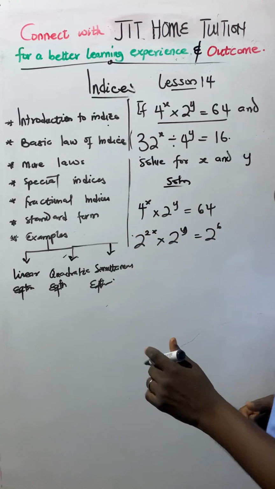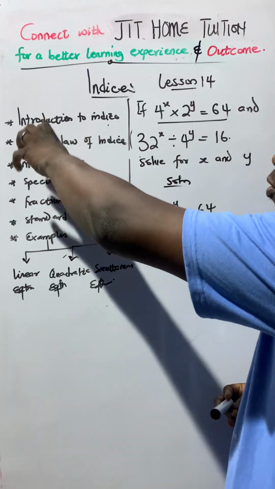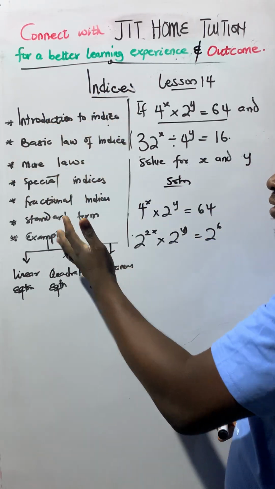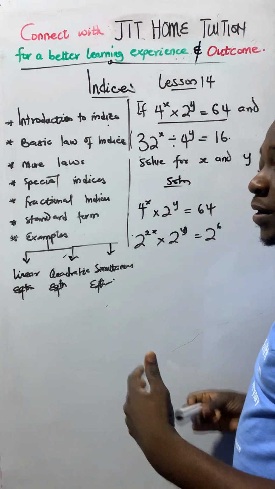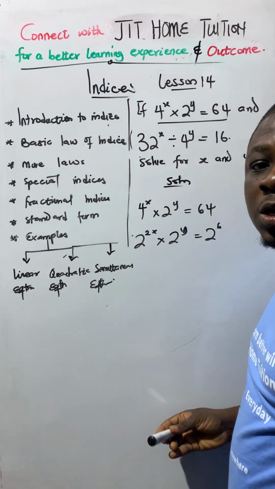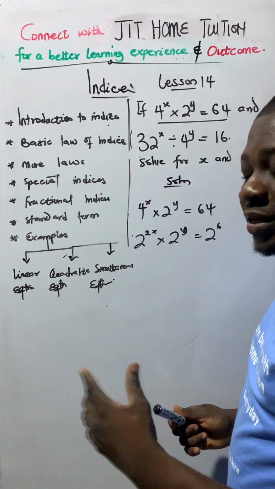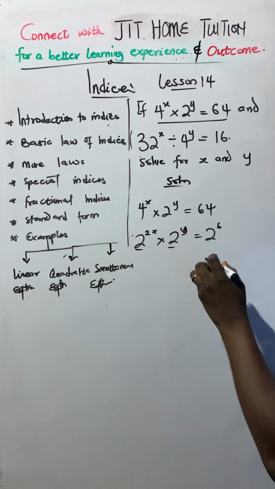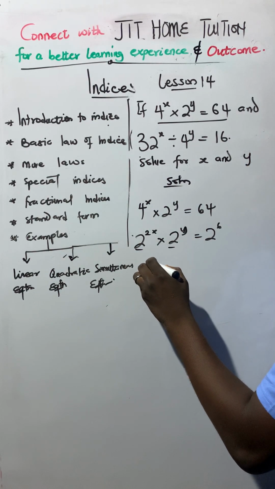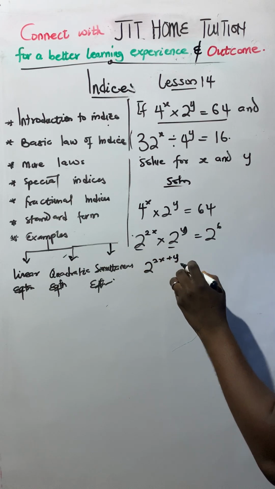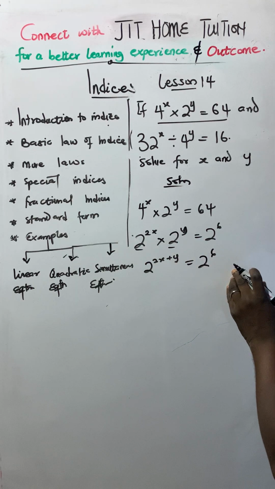So with this understanding, you ask yourself, which of the principles or laws concerning indices can you apply over here? It is the first law, which says that when they are multiplying and the base are the same, we add the powers. So look at it, they are multiplying, the base are the same, so you add the powers, giving you 2 exponent 2x plus y equal to 2 exponent 6.